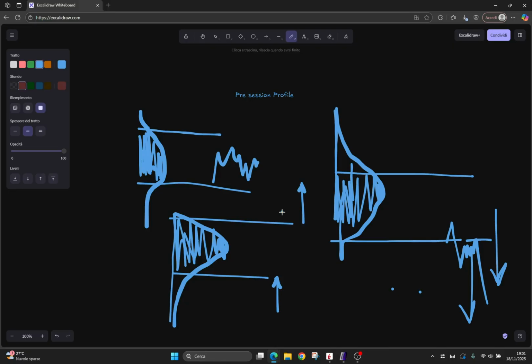Okay, now I want to ask something to the chat. In the first 3 years of my life, I was there trying to understand, is this an accumulation? Is this a distribution? Is this a spring of Wyckoff, but we got liquidity taken? You have this information. You have the summary of all the interaction between buyers and sellers before the opening.